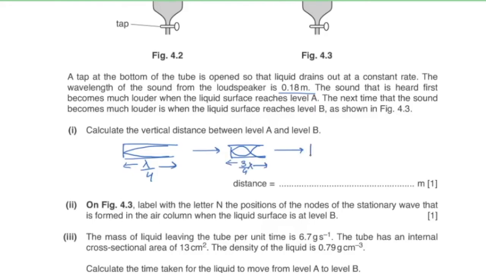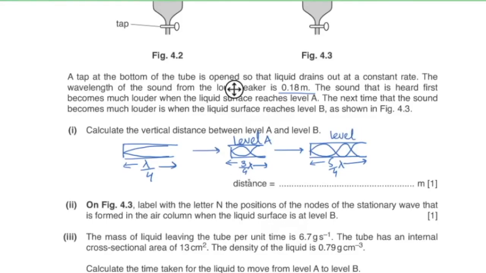Now the third possible sound will be heard if the waveform has a pattern like this, where there's again an antinode on the open end and a node on the closed end, where this length of the tube is going to be 5 by 4 of wavelength. This is when the liquid level reaches level A, and this is when the liquid reaches level B.